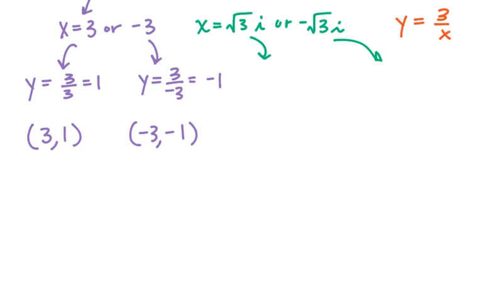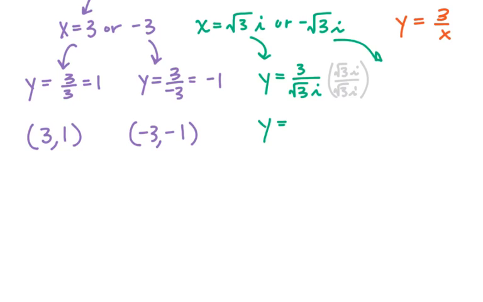For my next 2 values, I'm going to get y equals 3 over square root of 3 times i, which of course needs to be rationalized. So I'll multiply by root 3i over root 3i. We can't leave i in the denominator and we can't leave the radical in the denominator.